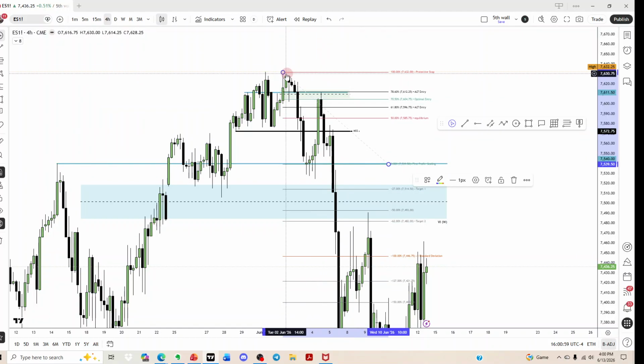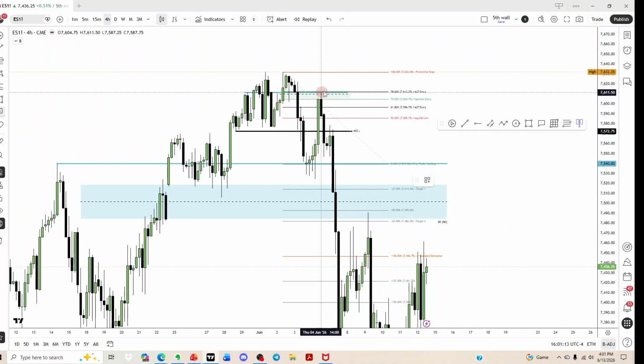I'll leave that because the body high is in really close proximity to this swing high. So 71.6. This high here is 76.1150. So it's just shy of 78.6 as an entry.